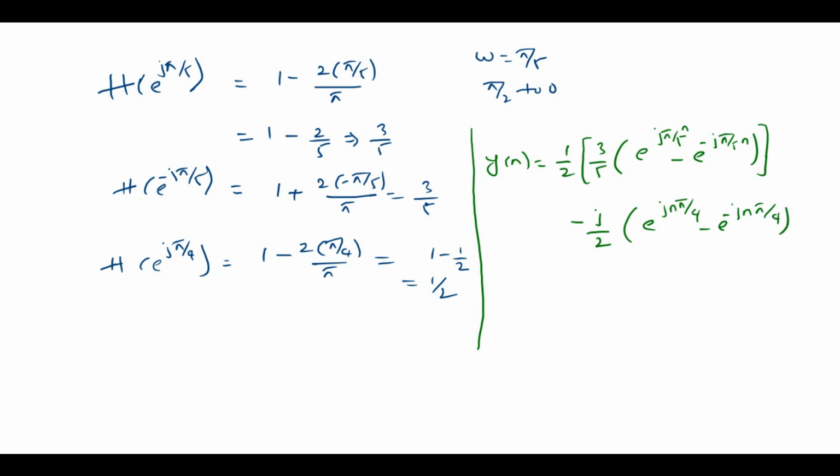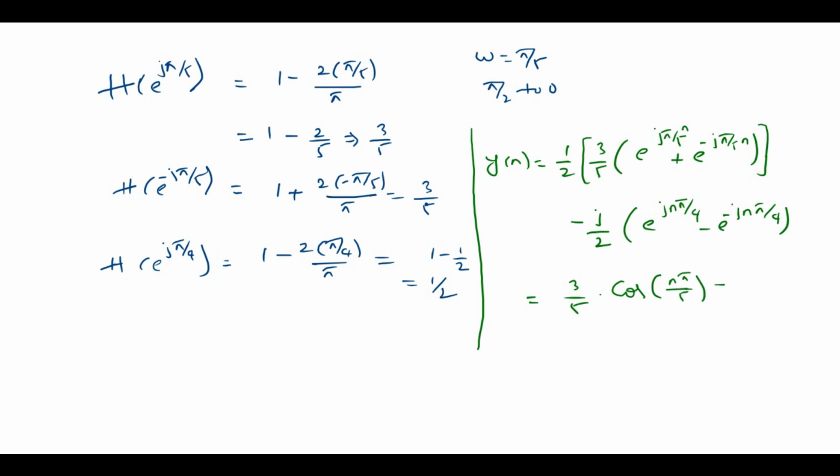Now the answer is 3 by 5 times e power j theta plus e power minus j theta divided by 2, which is cos of n pi by 5.